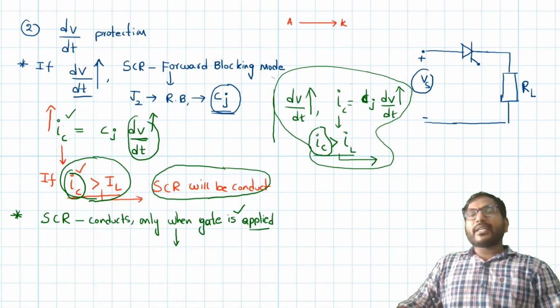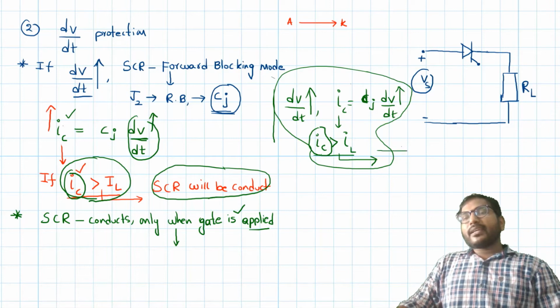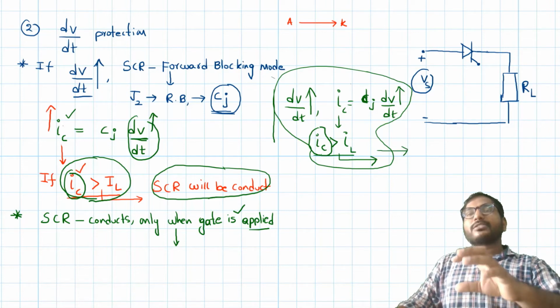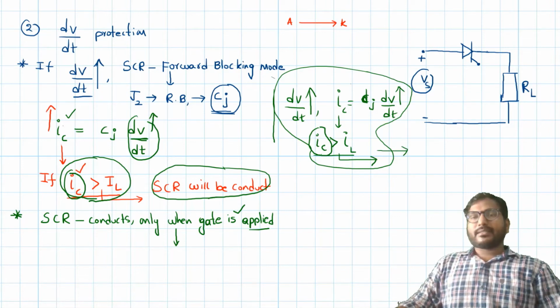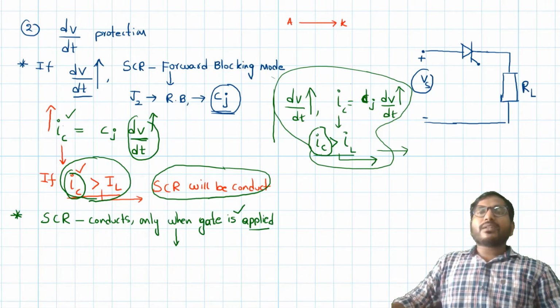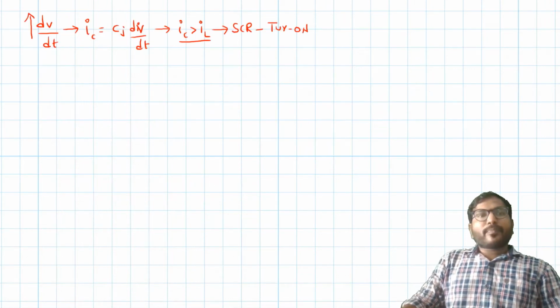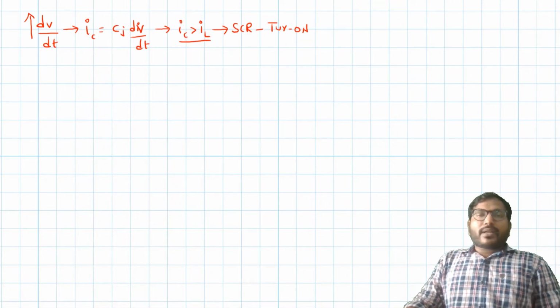Due to high dV/dt, false triggering occurs in the SCR. False triggering is undesirable, so we have to prevent or avoid it.